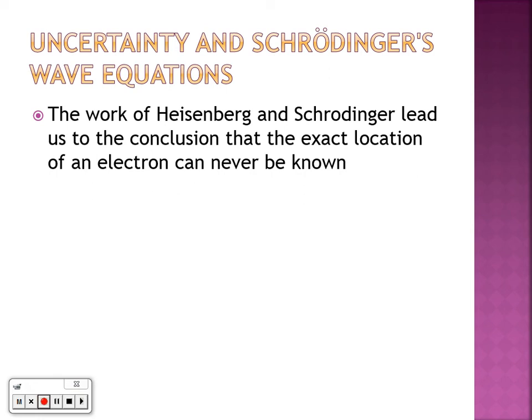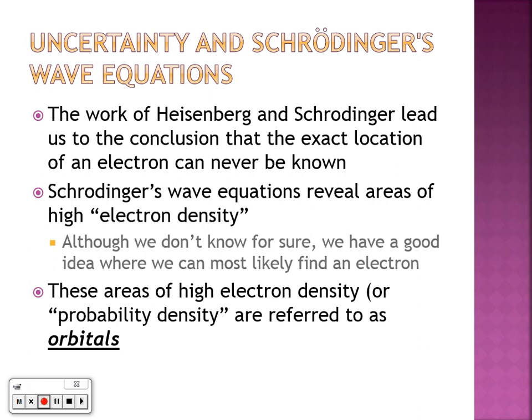Okay. Right. Based on the work of Heisenberg and Schrodinger, we come to the conclusion that we will never know exact locations of electrons. But Schrodinger's wave equations reveal areas of high, quote-unquote, electron density.